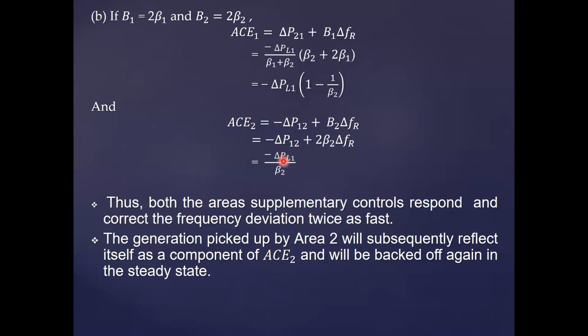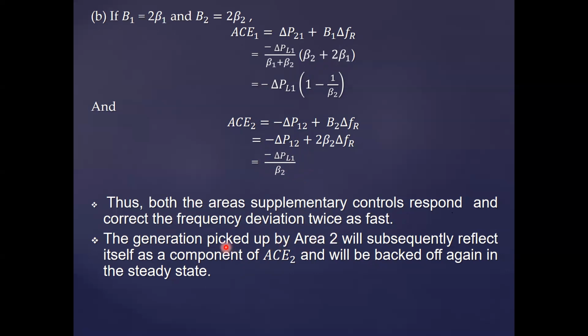In this case, you find both area 1 and area 2 supplementary control will be in action against the load change in area 1 here, right? And their correction towards the frequency profile will be twice as fast. This will be almost double. So that means the correction in the frequency profile will be much faster here.